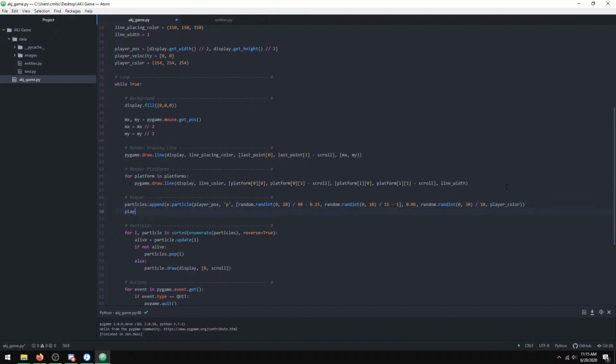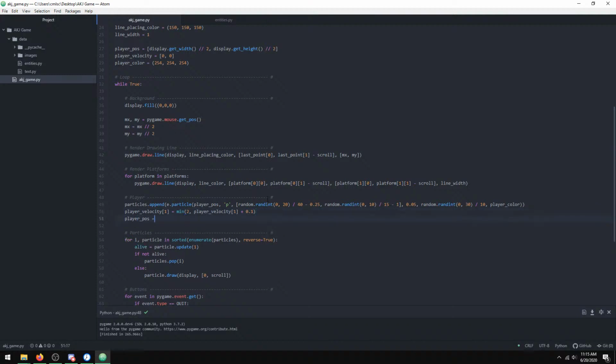The player velocity 1 needs to be able to increase, so equals minimum of, I'm gonna say 2 is the max vertical speed, player velocity 1 plus 0.1. And then player position 0 plus equals player velocity 0. And then do the same for 1.